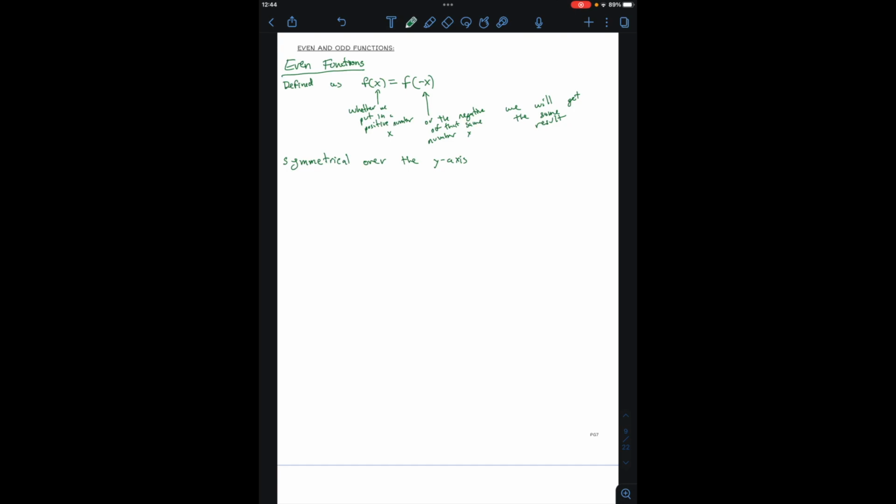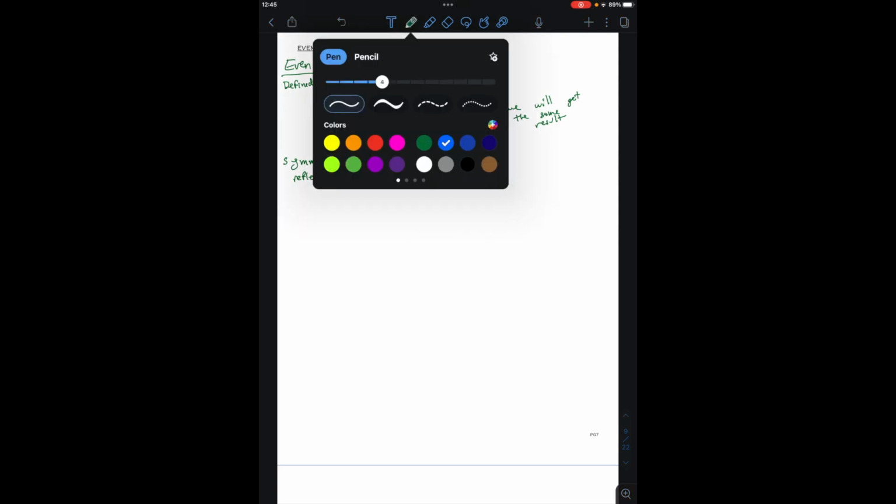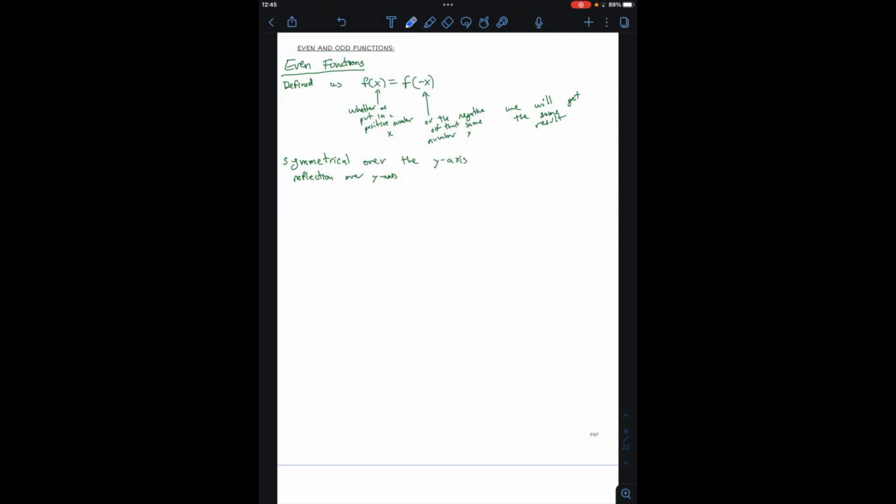And it sort of is like a reflection over the y-axis would produce the same function. So if you reflect the function over the y-axis, it looks exactly the same. Okay, so let's take a look at some examples. So let's start with the function f of x is equal to x squared plus 1.